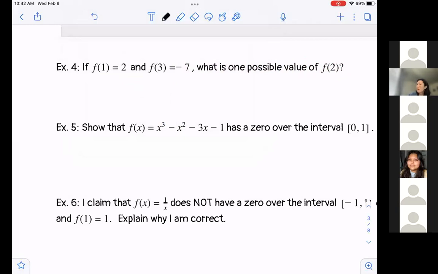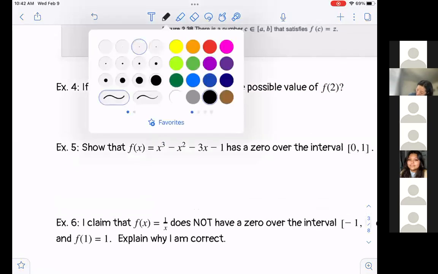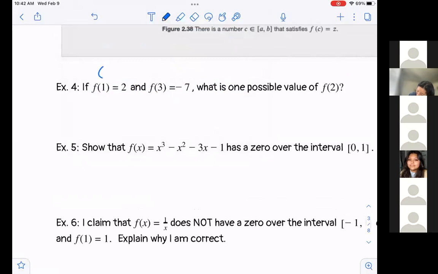Someone tell me how I could draw a picture for the first part of the information. You could just draw 2 points on a graph. Great. What are the 2 points? 1, 2, and then 3, -7. Great. 1, 2, 3, -7.